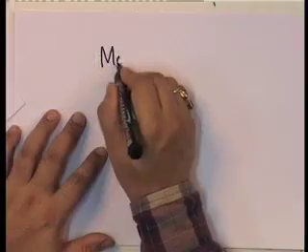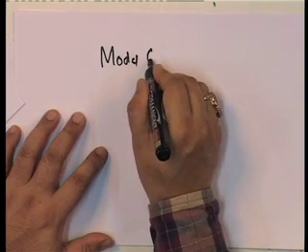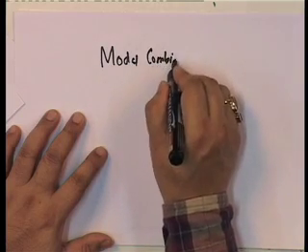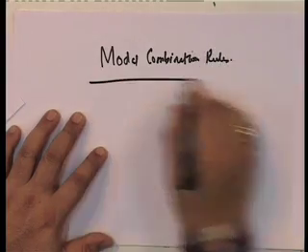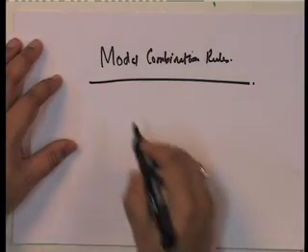What happens when peaks don't occur at the same time? Then we have to use what are known as modal combination rules. To combine the modes, we have to use rules.